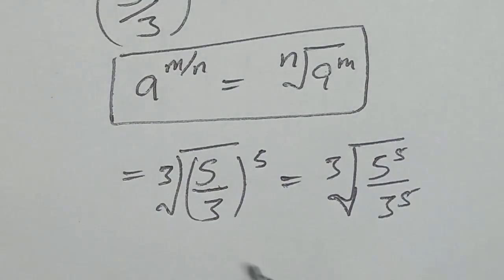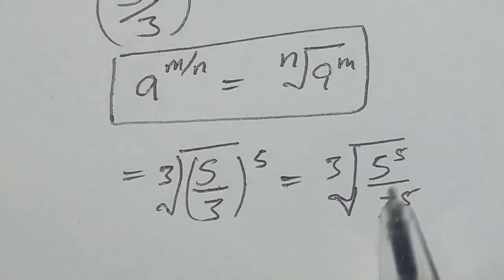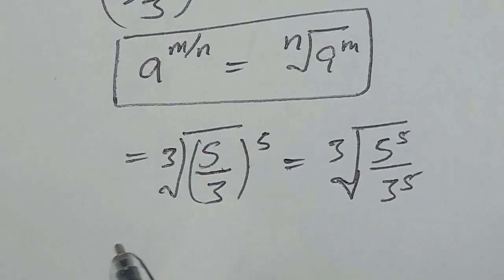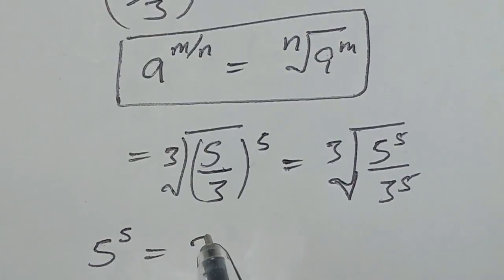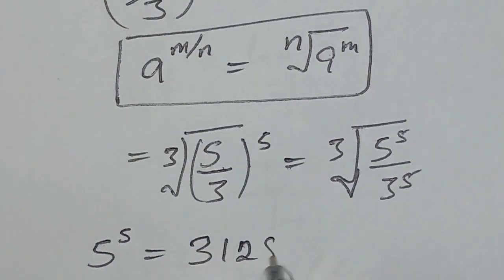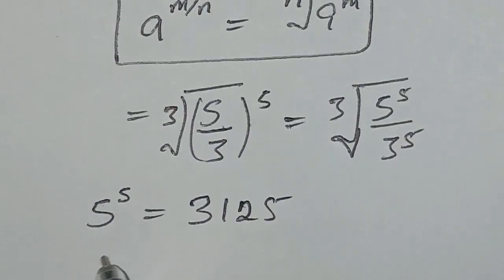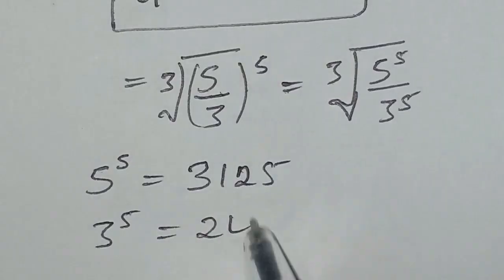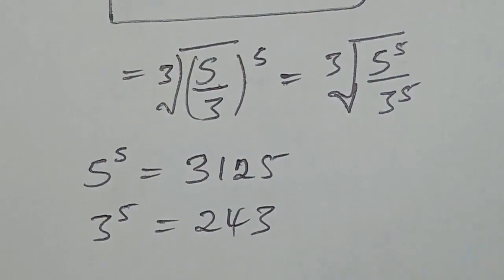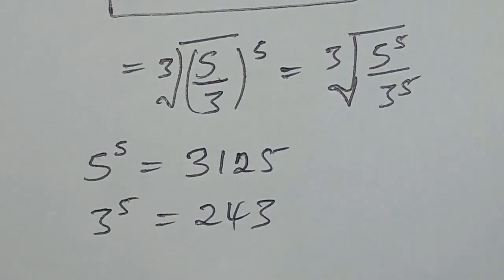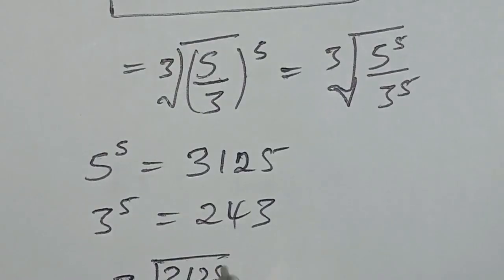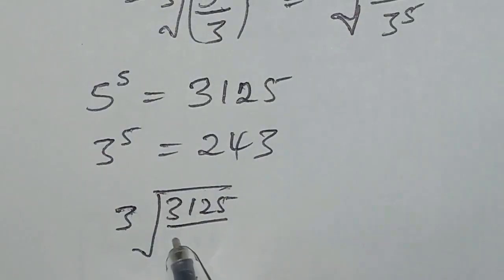If we do that, we can simplify the numerator and the denominator: 5 to the power of 5 is given as 3,125, whereas 3 to the power of 5 is given as 243. So if we substitute this into our radical expression, we have the cube root of 3,125 over 243.